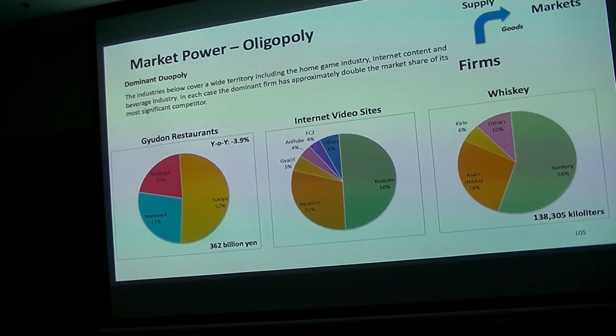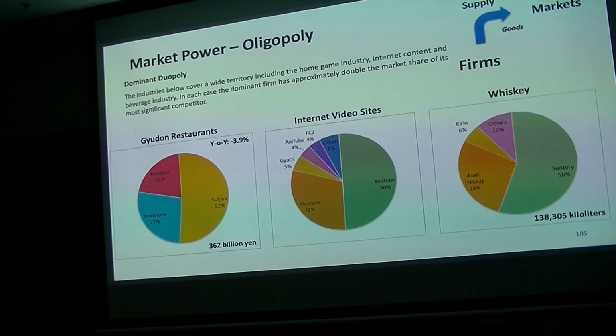They make a lot of whiskey in this market. Even though there are foreign whiskeys, like your Scottish and English whiskeys, the Japanese whiskey producers are dominant in that market. So that's another thing. We can see the foreign penetration. Internet video sites 50%.